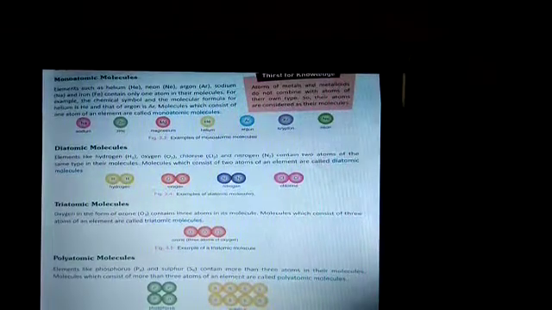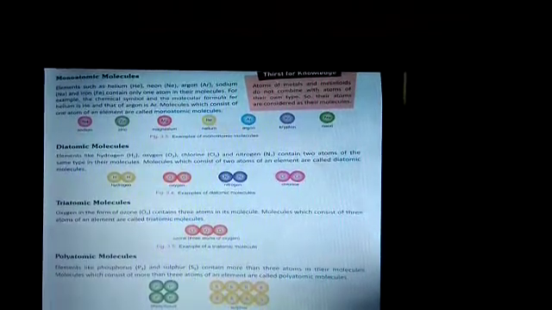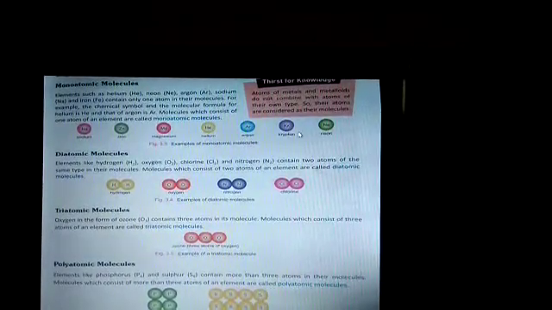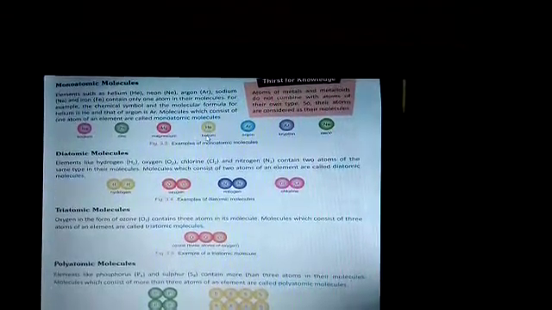You can see some pictures here. First, monoatomic molecules. The examples you can see are sodium, zinc, magnesium, helium, argon, krypton and neon. All these consist of only one atom.